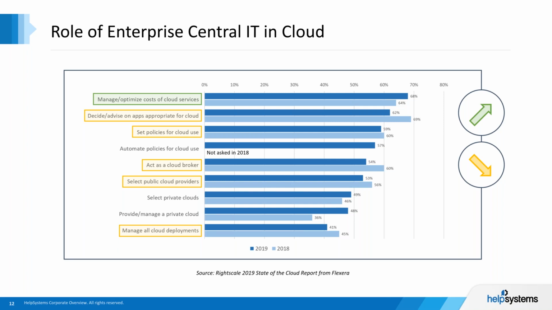So we're tasked with this decentralization of decision power, pushing it out to the business lines and business units, but at the same time we're expected to optimize and drive efficiency around those decisions that we are not in control of, which in itself is a hard nut to crack.